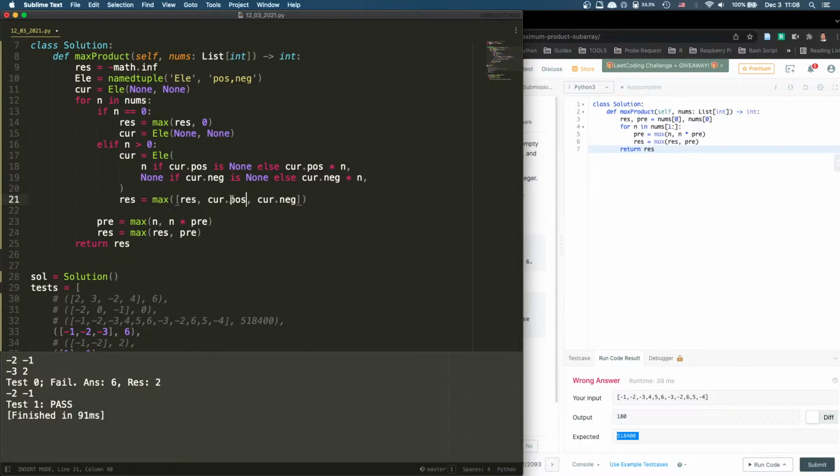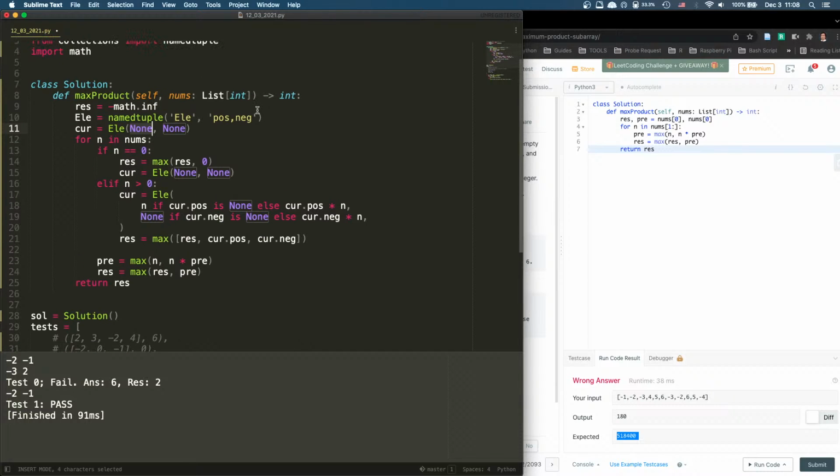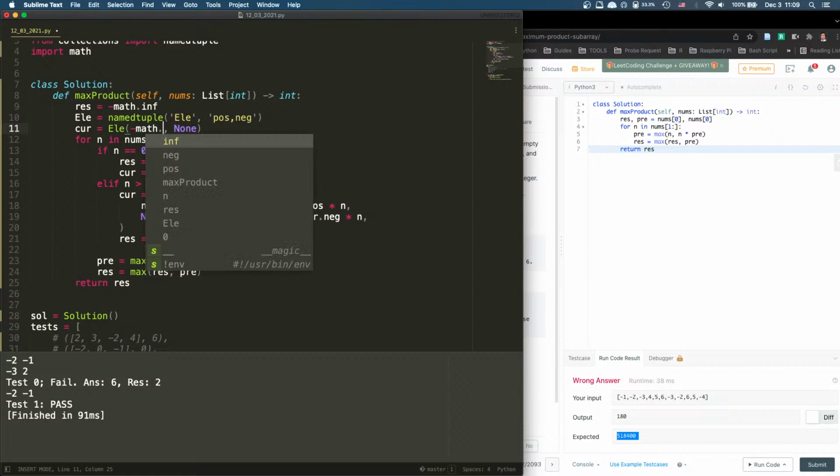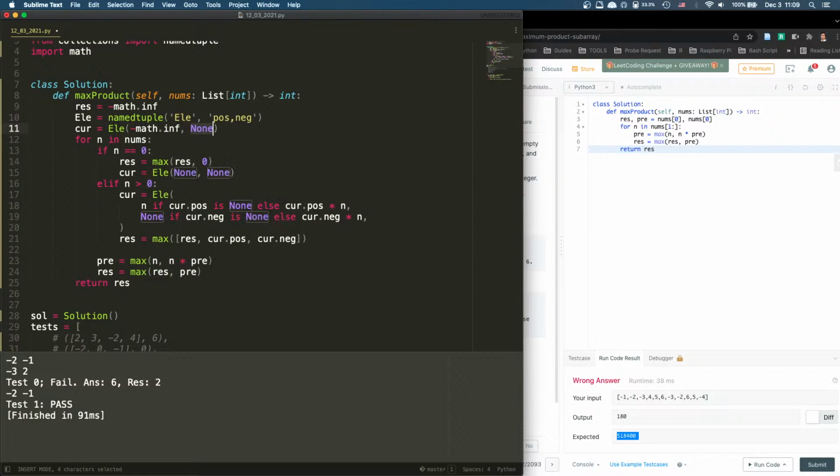There could be none, right? How do we handle it? So we have to do another one. Then just don't put none in there, right? Don't put none in there. We just put a large negative value, minus math.inf. That's the only thing we need, minus math.inf. Right? That's it. That's what it is.